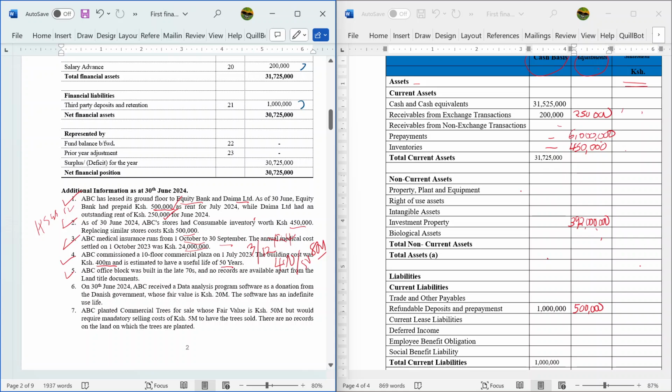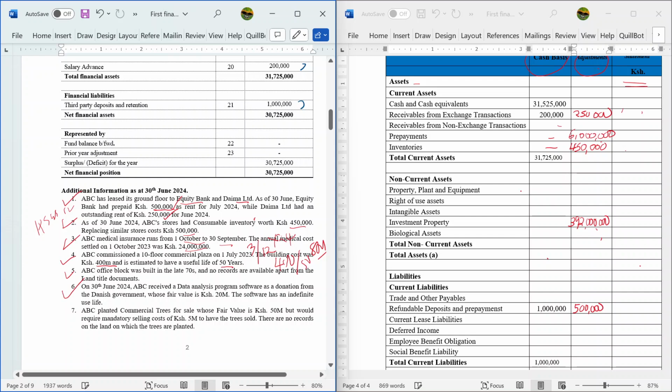Number 1, you own or control. 2, you should be able to reliably measure. 3, you should enjoy economic benefits or service potential. One of them is missing, which is that you cannot reliably measure, and therefore we will ignore number 5 in our books and just disclose it.